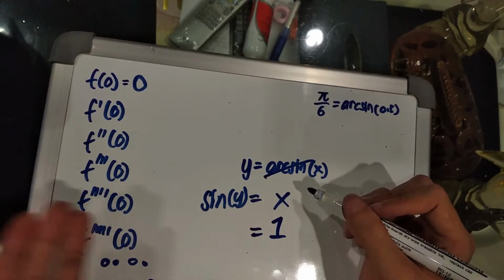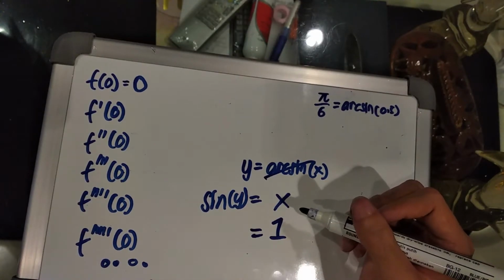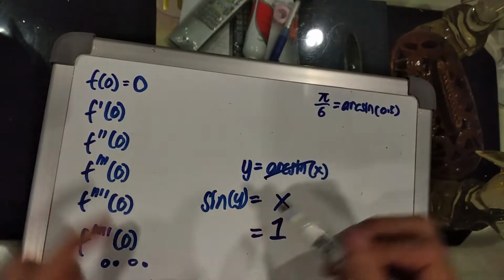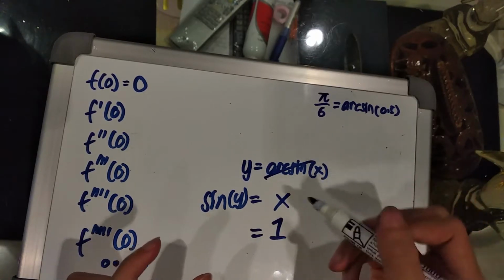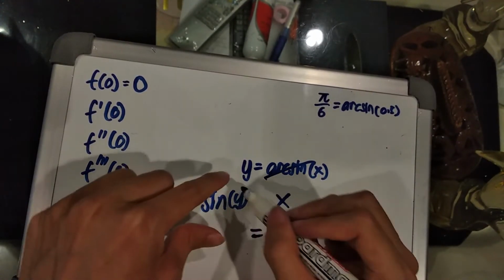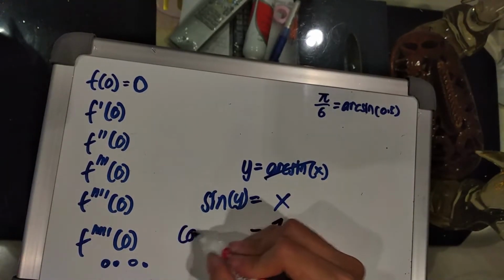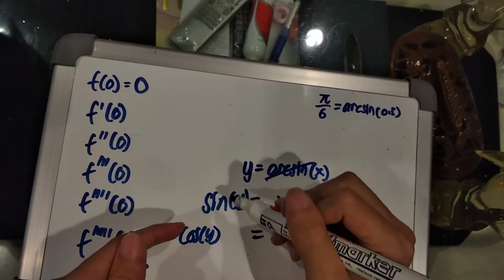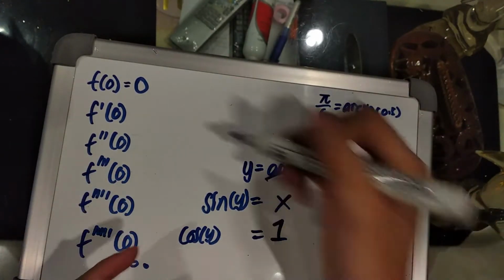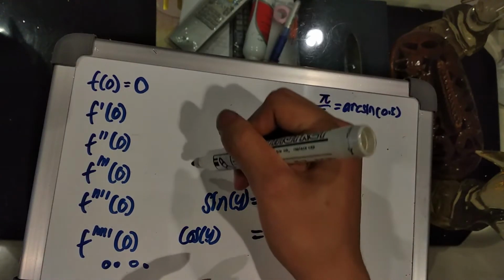And for the left side, we're going to have to use the chain rule, which is the derivative of the outside multiplied by the derivative of the inside. What you have on the outside is basically the whole thing. You derive sine, and you get cosine. And once you do that, you multiply it with the derivative of the inside, which is the derivative of y.